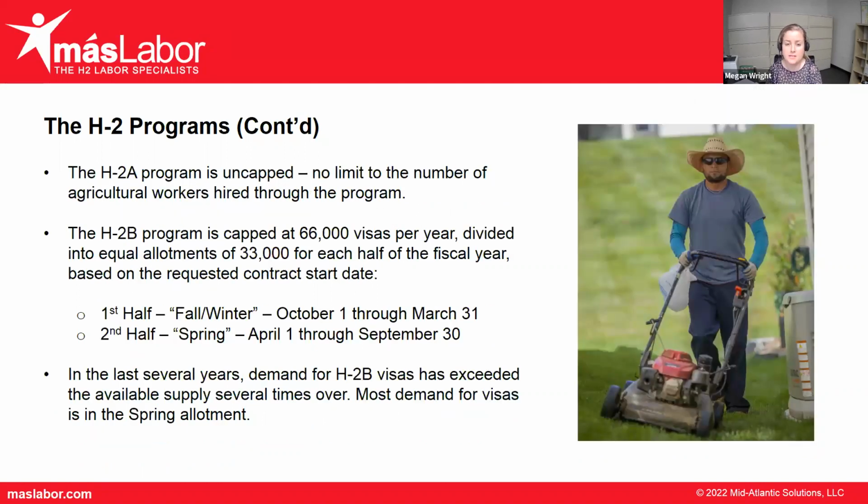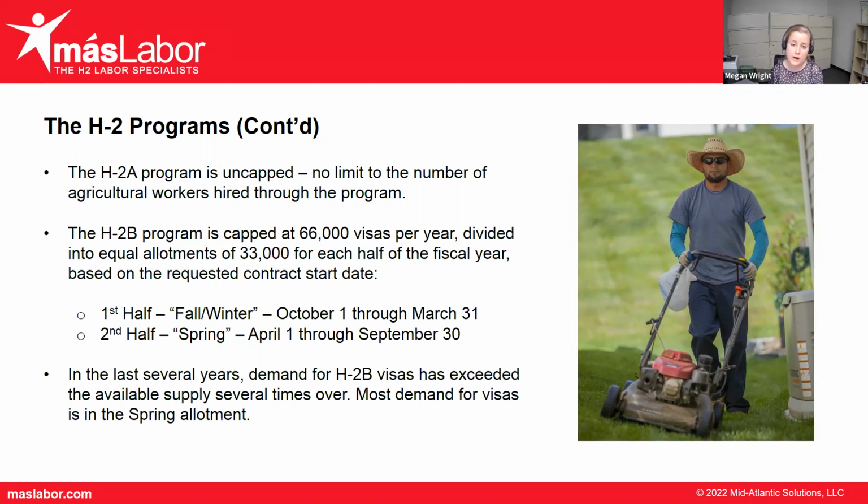One of the biggest distinctions to note, of course, between the two programs, and what we'll get into even more in subsequent slides, is that the H-2A program is uncapped. This means that there is no limit to the number of agricultural workers hired in the program. And this is, of course, because agriculture is deemed a matter of national security.